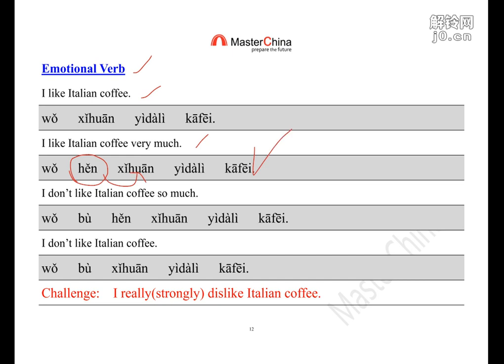So you can see I call it an emotional verb. Emotional verbs, there are several verbs. They are verbs, but with strong emotion. For example, like, hate, tired of, jealous. So we have these verbs.